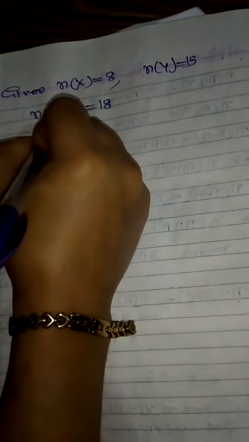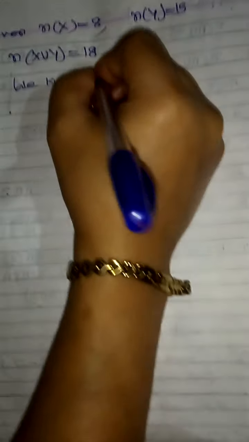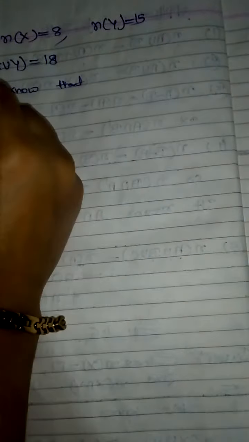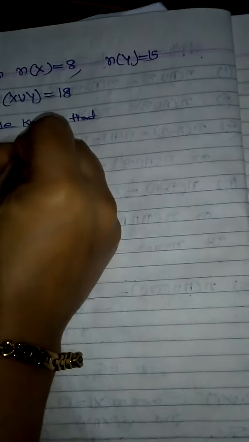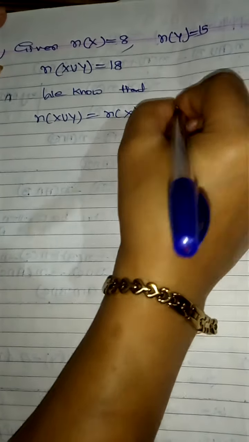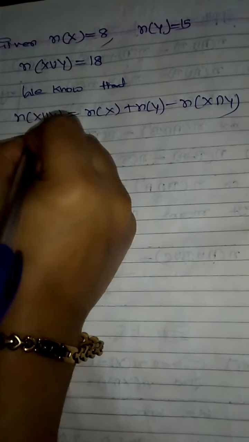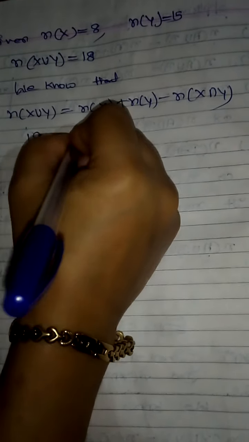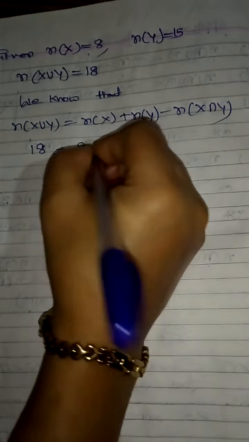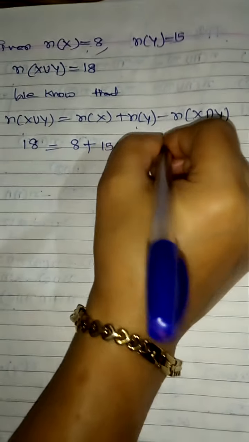So we know the formula, and in that formula you have to put the values. We know that n of x union y is equal to n of x plus n of y minus n of x intersection y. So in the place of x union y, 18, in the place of x, 8, plus n of y is 15, minus n of x intersection y.